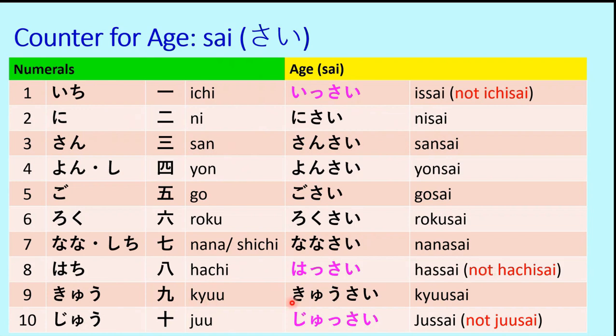Then we have kyusai as usual, and ju is not jusai, it is jussai. It should have been jusai, but it's not the case, it is jussai. Thus issai, hassai, and jussai are the three exceptions in the counting of age, where it differs from the numeral form of that particular value.